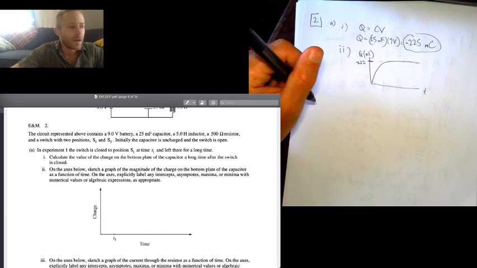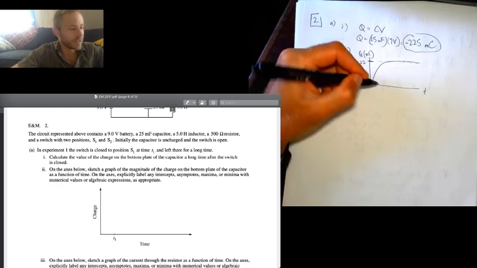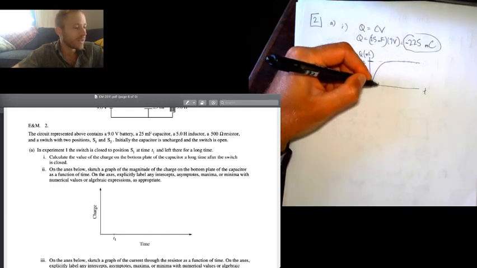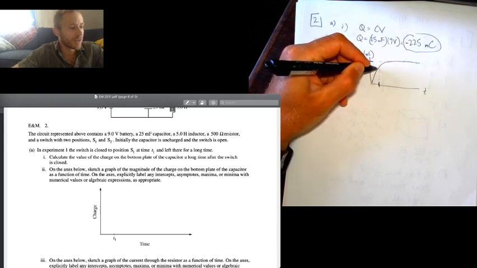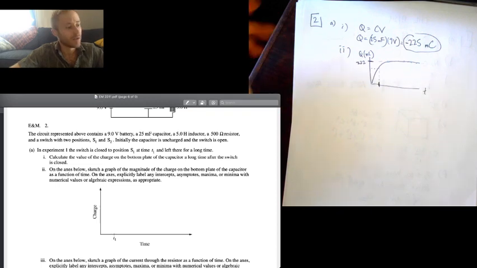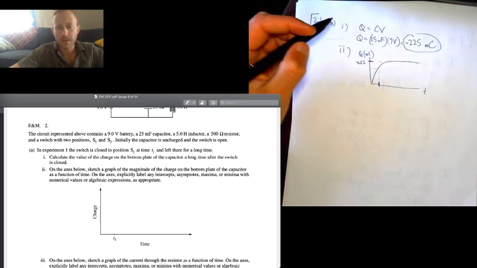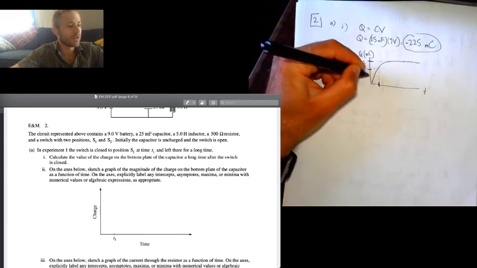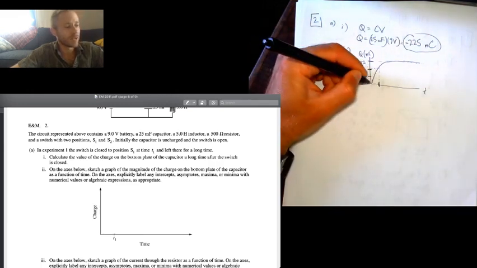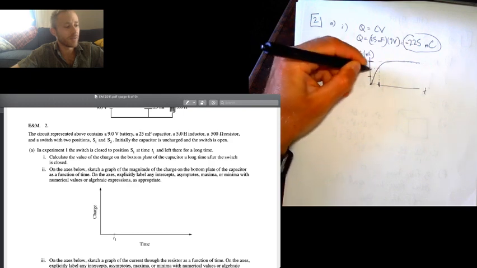And so the time t1 that they're talking about, basically the time constant, is the time it takes to get about 2/3 of the way there. So I'm dividing this into 3, and I know it starts here and ends here, so 2/3 of the way would be right here.